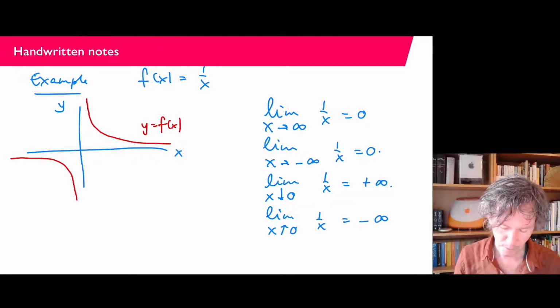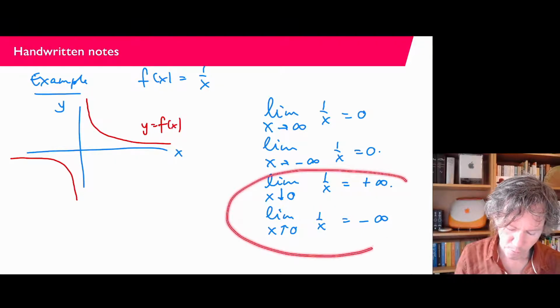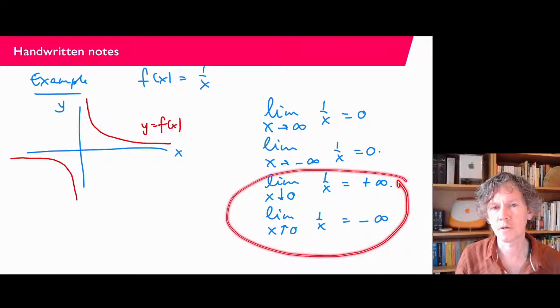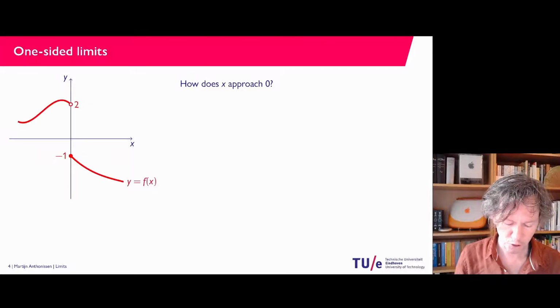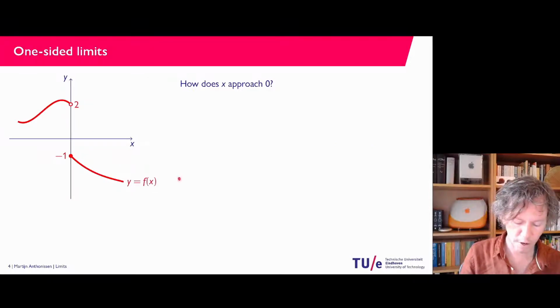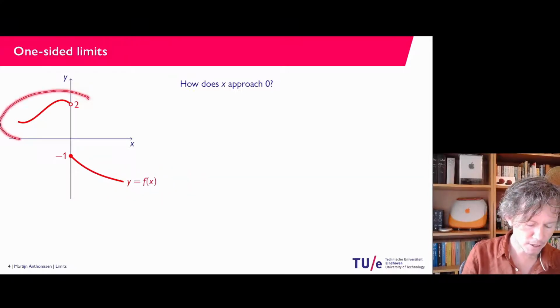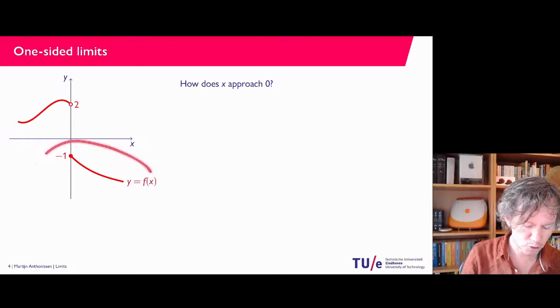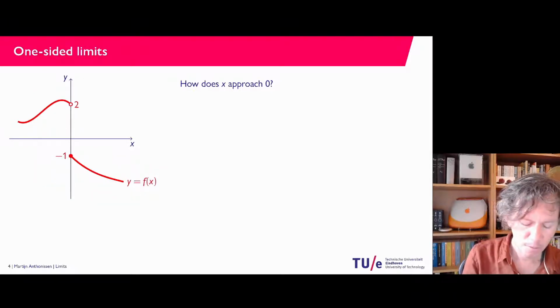Okay. Now, this distinction that we make here, that we treat these cases differently, that leads to one-sided limits. So if you look at this function here, so here I have a function y is f of x, and you see that it looks like this for negative x and it looks like this for positive x. So many students find that confusing, but it's perfectly okay to say, well, I'm going to define a function, not a limit, sorry.